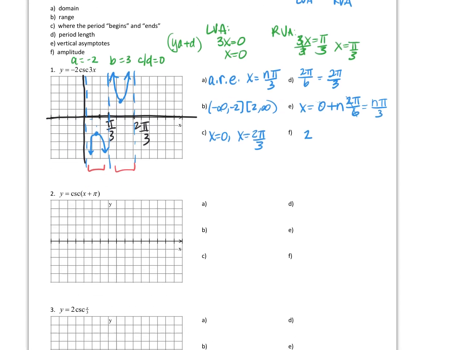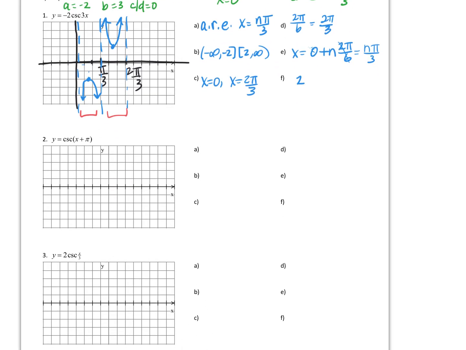Let's try the next one. Cosecant. Okay, so A is 1, B is 1, C is -pi, D is 0. So I'm going to do my left vertical asymptote, and I'm going to say x plus pi equals... oh no, with this one, what is our left vertical asymptote? It's 0, isn't it?